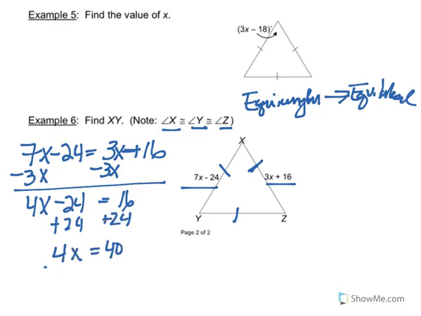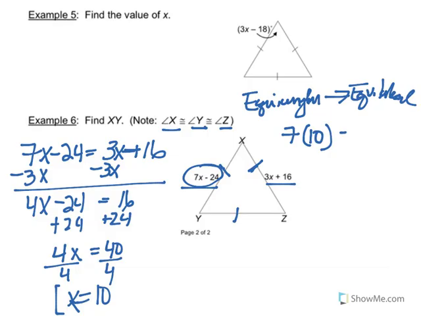Divide by 4, x equals 10. But make sure you're not giving that as your answer, because it doesn't ask us to find x in this problem. It says to find the value of XY. So we take this 7x and put in 10: 70 minus 24.